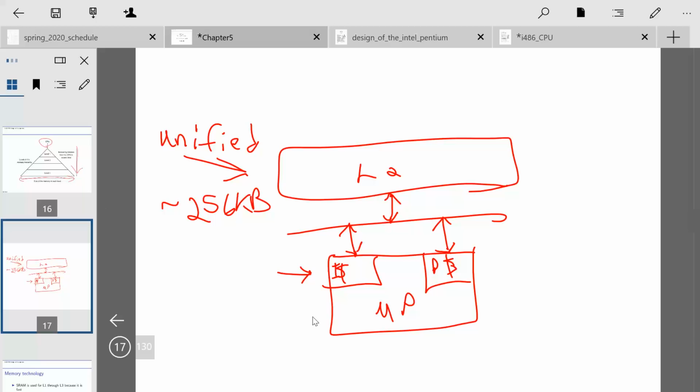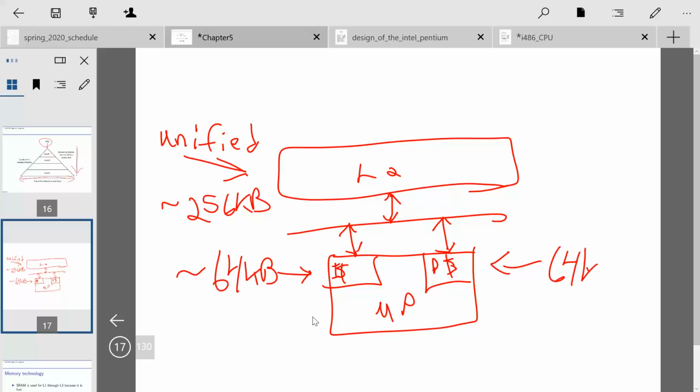Then in this case, I'm going to say on the order of 64 kilobytes here, both at level 1. So when we have a split cache in the application realm, we have about 64 kilobytes for both the instruction and data cache. And again, in the embedded world, actually, the PIC32 has a 1 kilobyte instruction cache, and it doesn't even have a data cache.